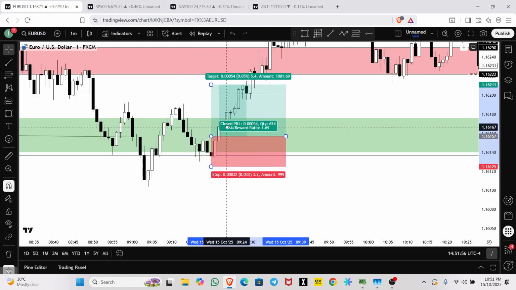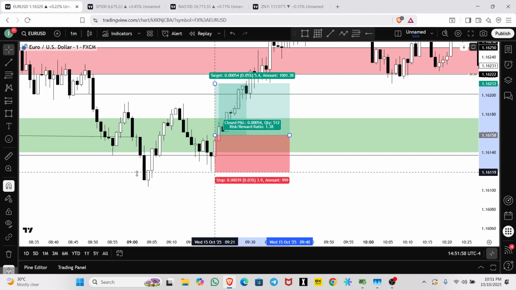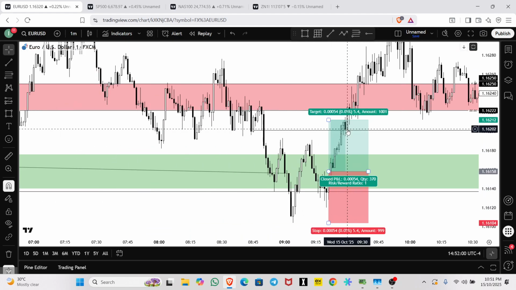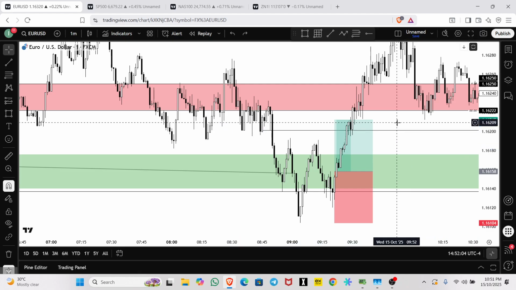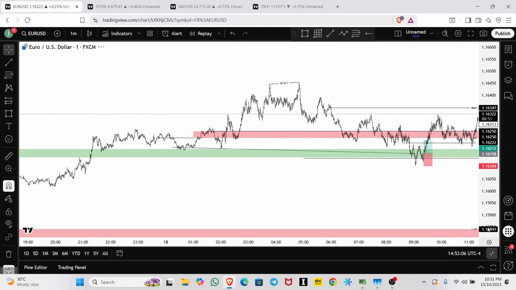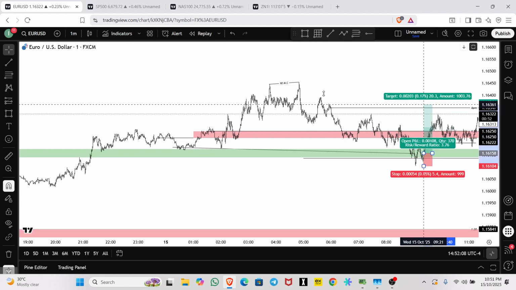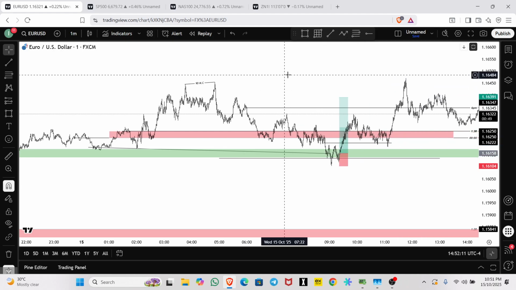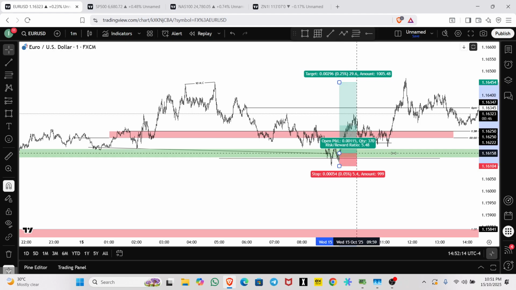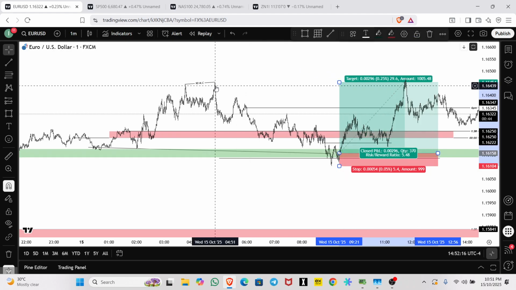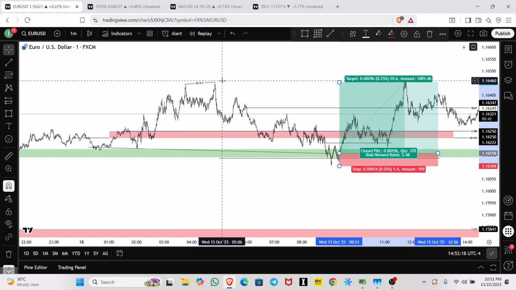Or maybe somewhere higher. I didn't get a proper fill, but due to the spreads. Okay, so my target eventually was these highs, the opposing highs, right? And this was also caused by the 90-minute cycle early in the morning.